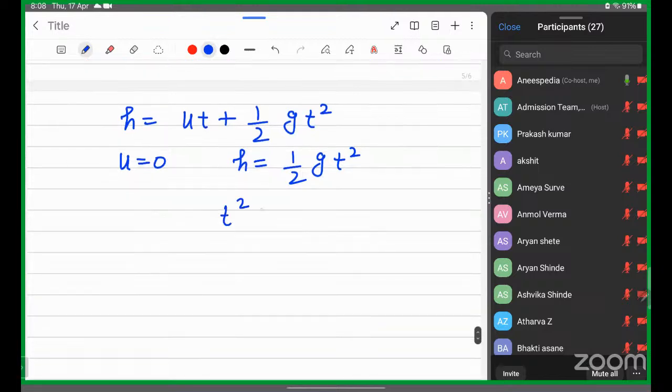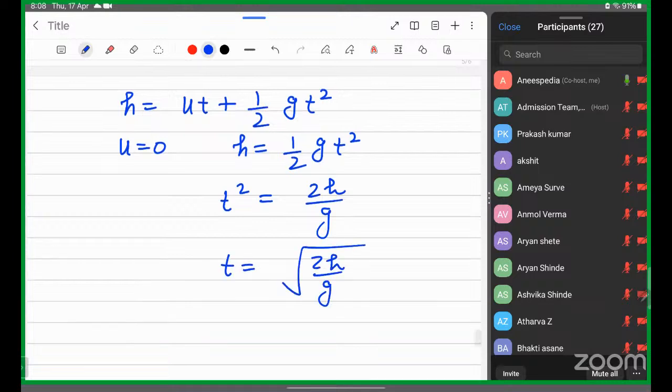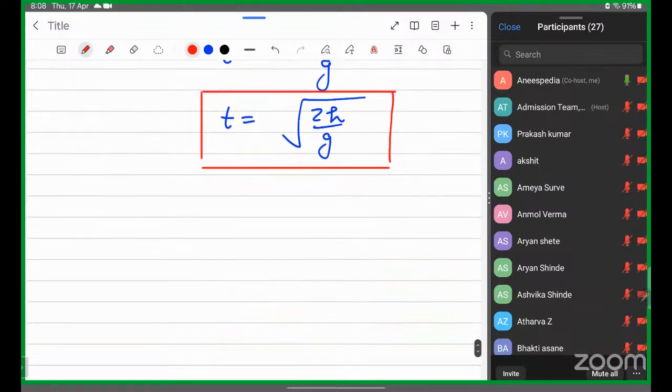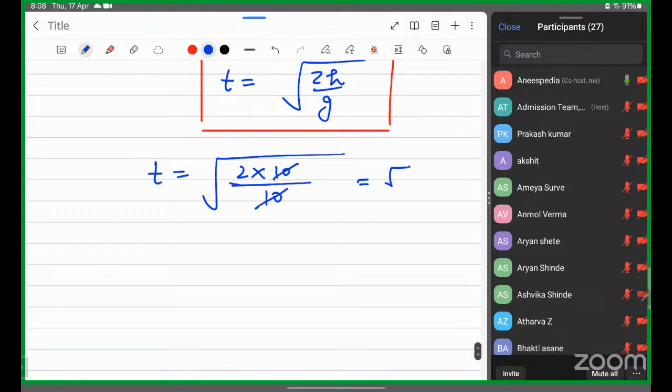So we have a formula: t square equals 2h by g, and t will be the square root of 2h by g. So if you want to find out time, you can use this formula directly. This formula will work if the ball is simply released without giving it any initial velocity. So time t will be the square root of 2 into h is 10 meter, g is also 10. This will cancel out. So time will be root 2 seconds.